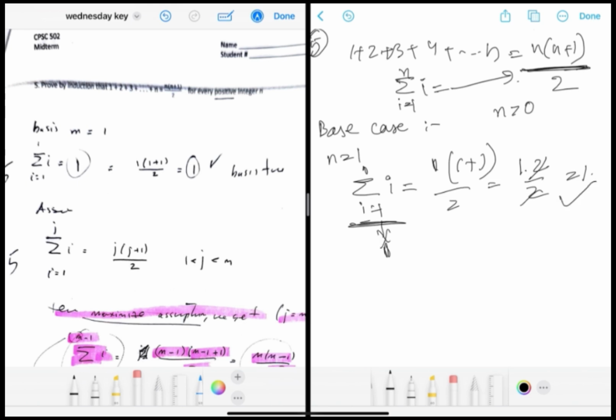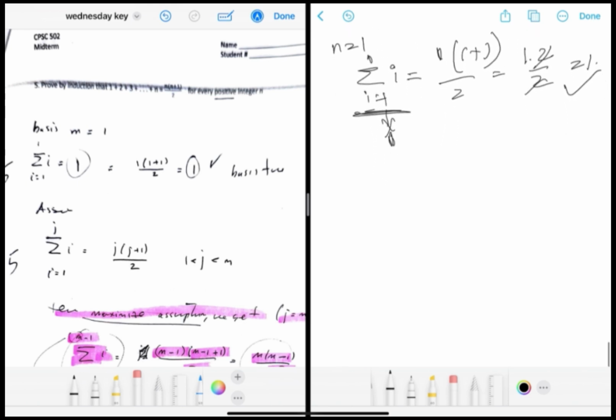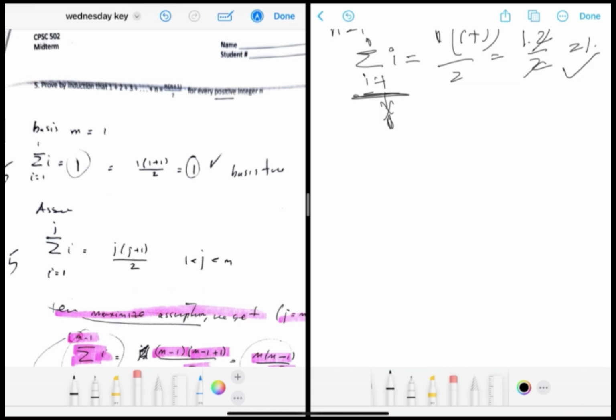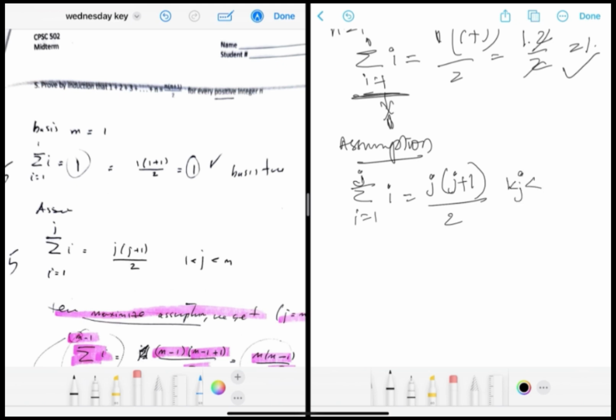So that is true. And next, we'll make an assumption that it is going to be true for a j value, and j is going to be between 1 and n. So let's write the assumption. The assumption is sigma of I equals 1 to j of I is equal to j times j plus 1 by 2, where j is between 1 and n.